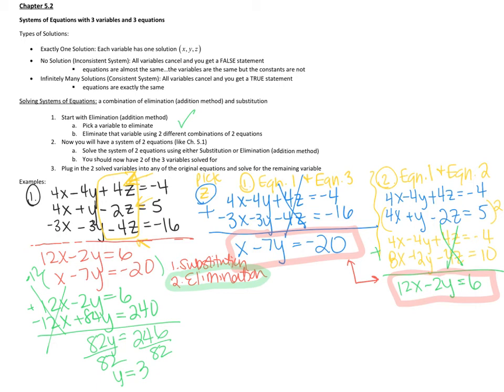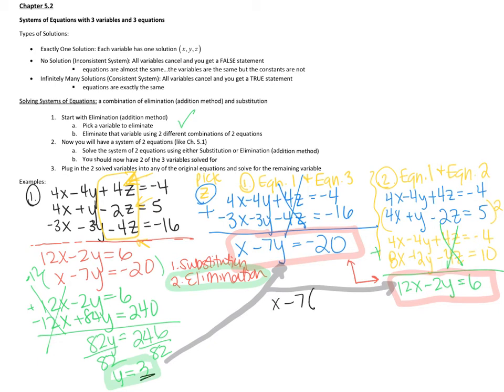So at this point, I have now found one of my variables. Okay? So after I find one variable, it's all about going back and substituting. So I'm going to take this y back into one of my two variable equations. Doesn't matter which one.